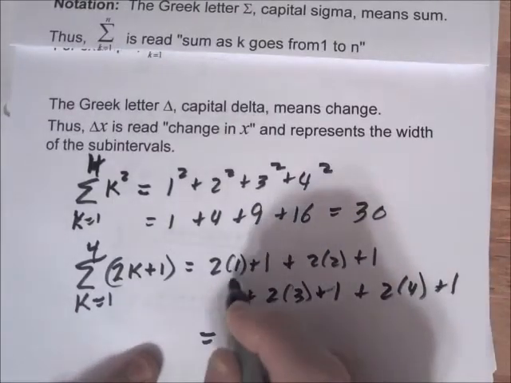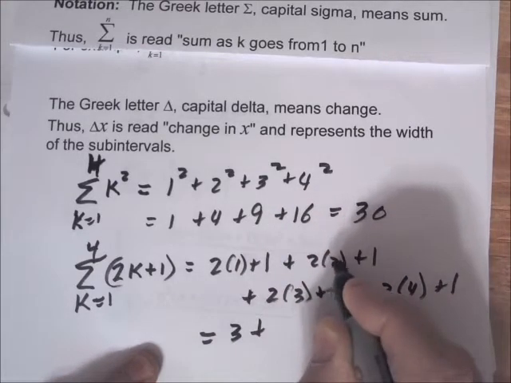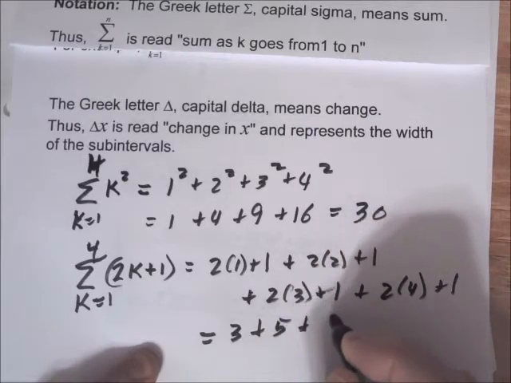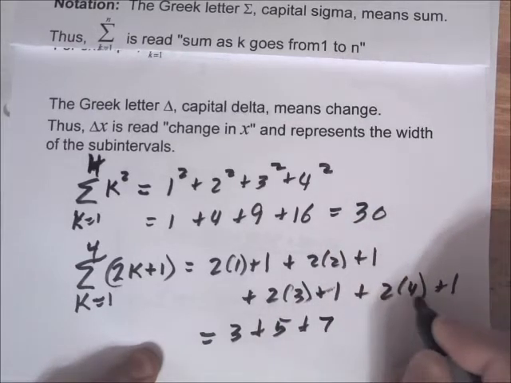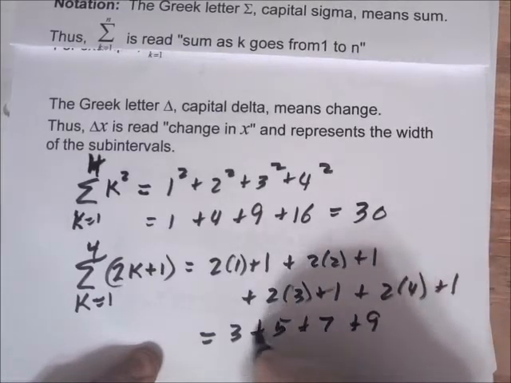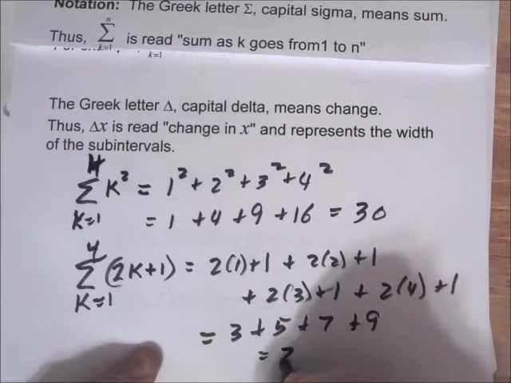So this is going to be 2 times 1 is 2, plus 1 is 3. 2 times 2 is 4, plus 1 is 5. 2 times 3 is 6, plus 1 is 7. 2 times 4 is 8, plus 1 is 9. 3 plus 5 is 8, plus 7 is 15, plus 9 is 24.